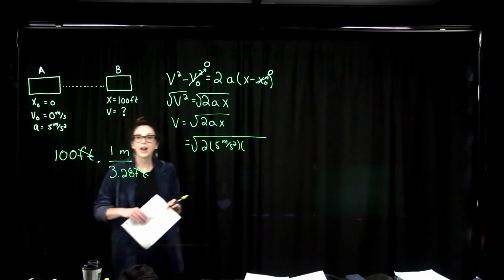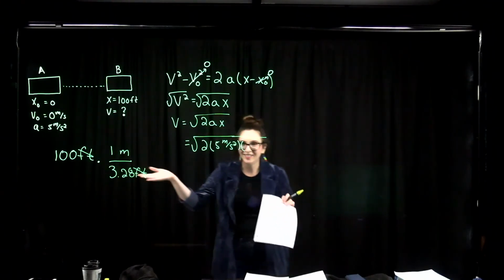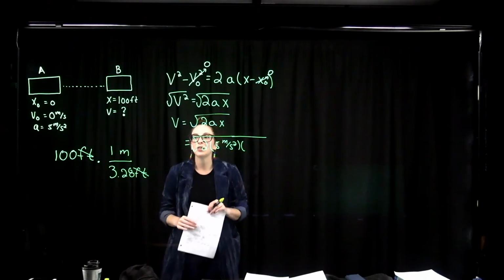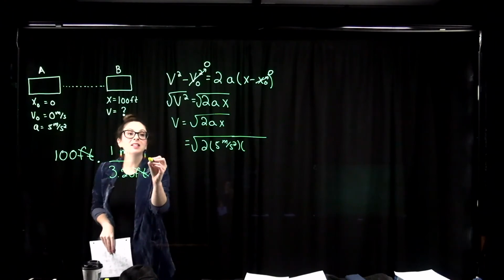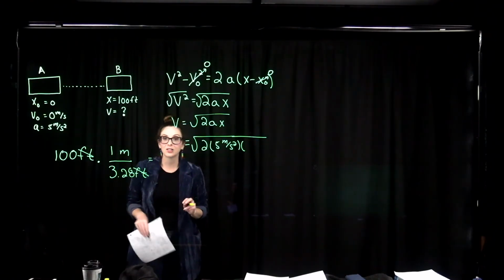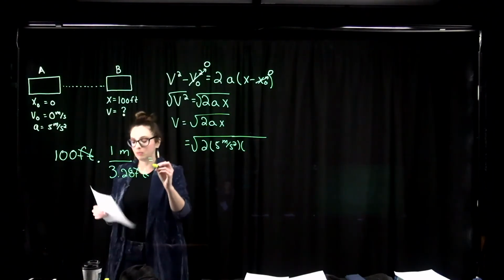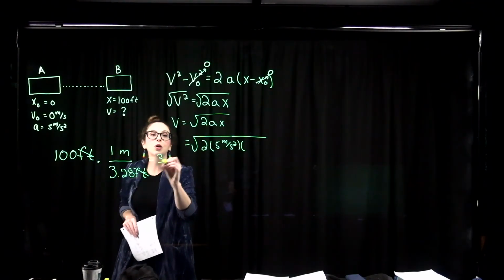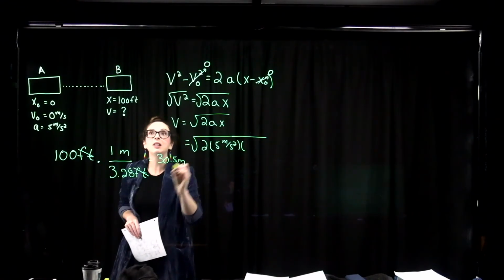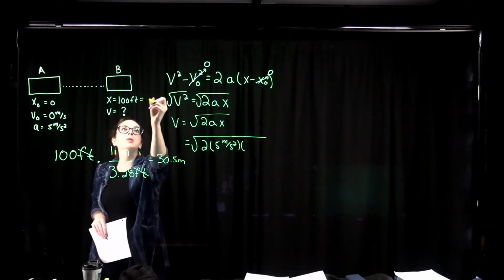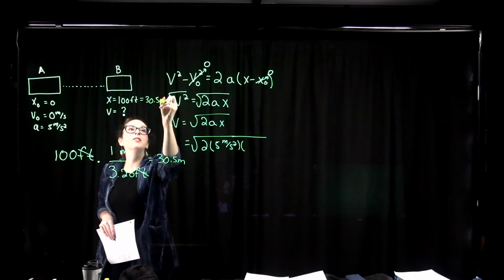And so what I have to do is take 100 times 1 and divide it by 3.28 to give me my distance from 100 feet in meters. And so if I take 100, divide by 3.28, I get that my distance in meters is going to be 30.5 meters.